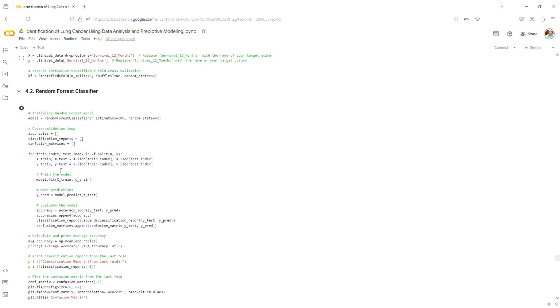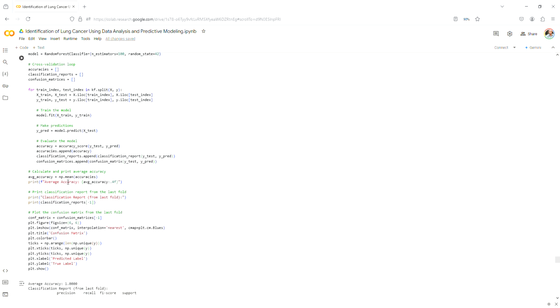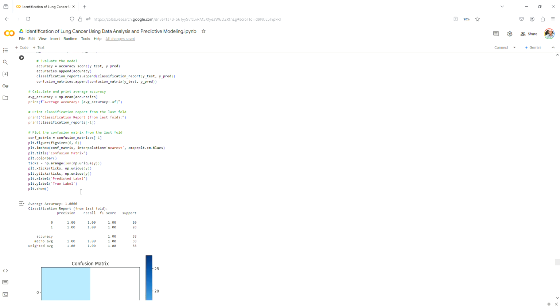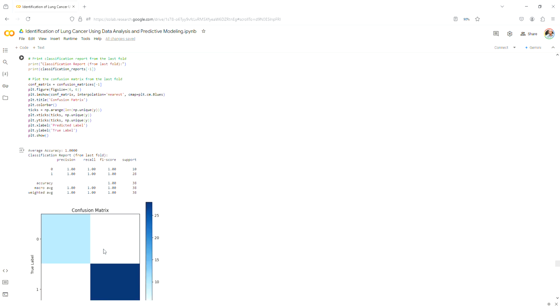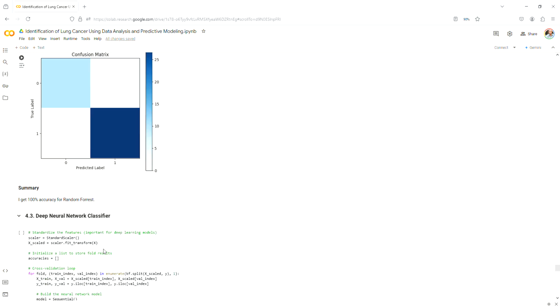And then I used a random forest classifier, and I got 100% accuracy. That was a questionable point, because 100% accuracy always raises the question of why. Then I thought random forest can be overfitted, since it's feature based. So let's look for some non-linear classifiers.